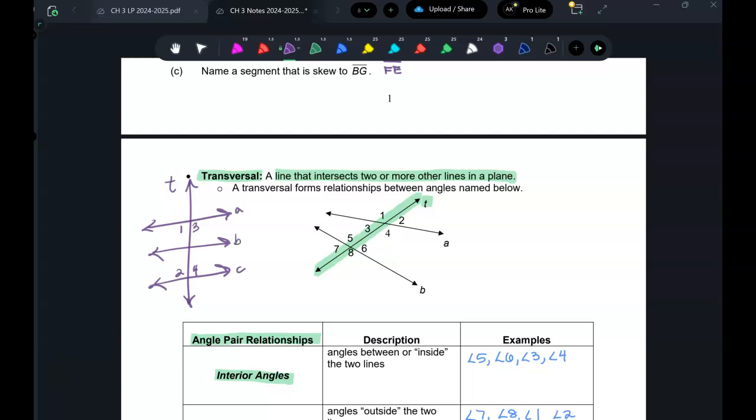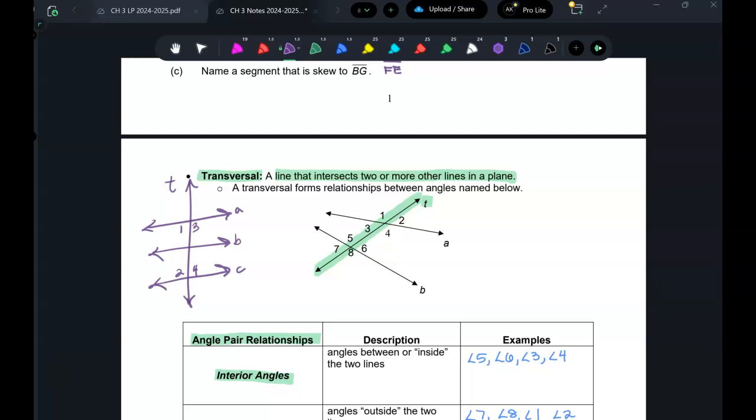But they would be interior angles to lines A and C. Now what if I'm just looking at lines A and B? Now just 1 and 3 would be the interior angles that I've labeled, okay? So when you're working with pairs of angles, you always have 2 lines and 1 transversal that you have to look at to consider what the relationship would be, all right?